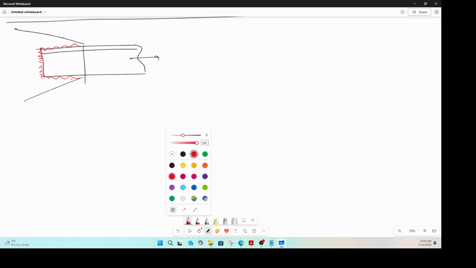From this view, you have a gusset plate like that, and you have your angle. The angle is only welded here.